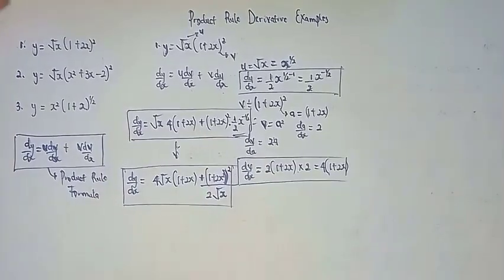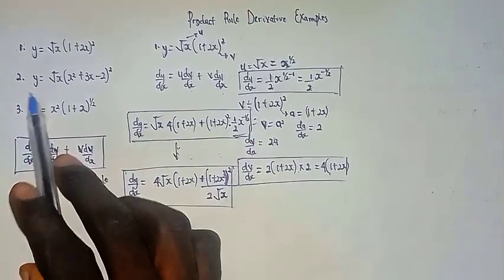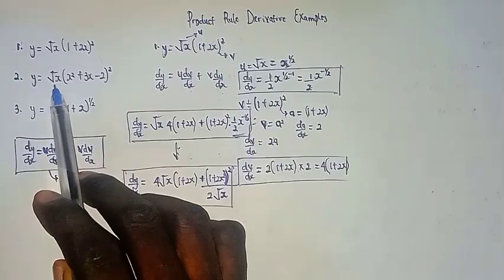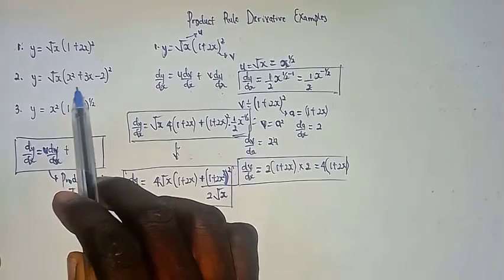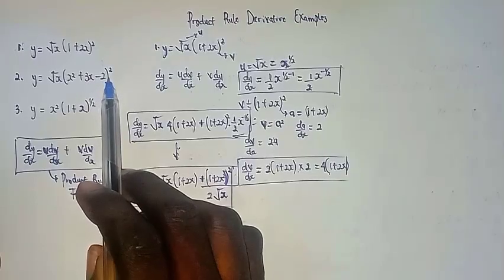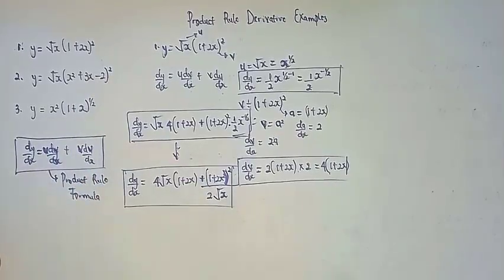Now let's look at the second question, which says that y is equal to square root x multiplied by (x squared plus 3x minus 2) all raised to the power of 2.